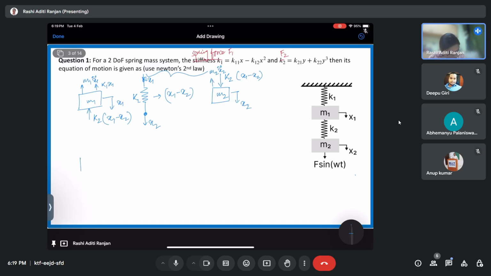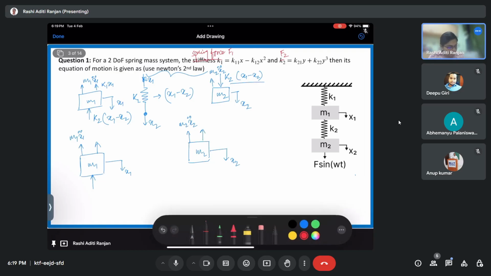Okay, so for the mass m1, everything will be same. See here it is k2 x1 minus x2 and the direction is in the downward direction. If I take it in the upward direction, it will simply be k2 into x2 minus x1. Okay.